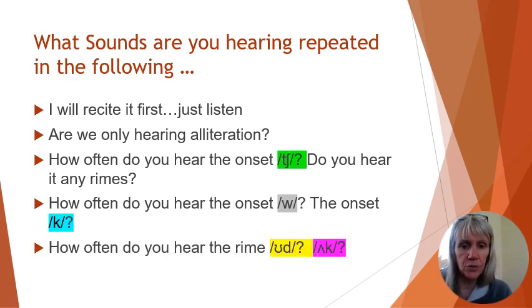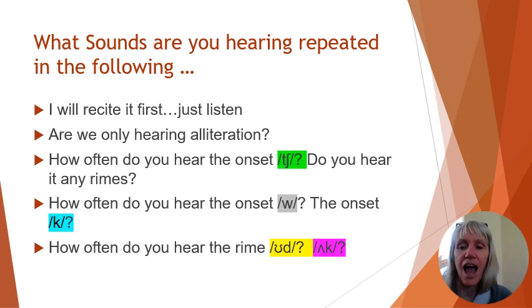How often do you hear the ud rhyme? Okay, ud. Would. How often do you hear the would? How much wood could a woodchuck chuck if a woodchuck could chuck wood?